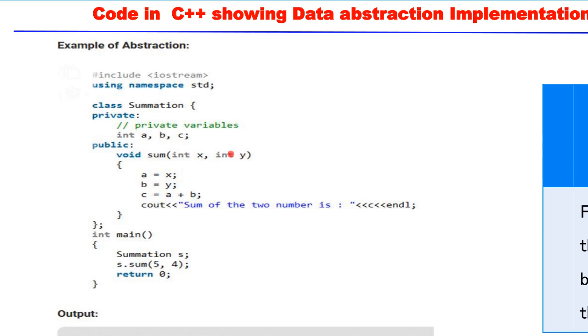They are communication variables between the class summation's function sum and any other function. For your information, these two variables are going to be used for data exchange between the main function and the sum function.